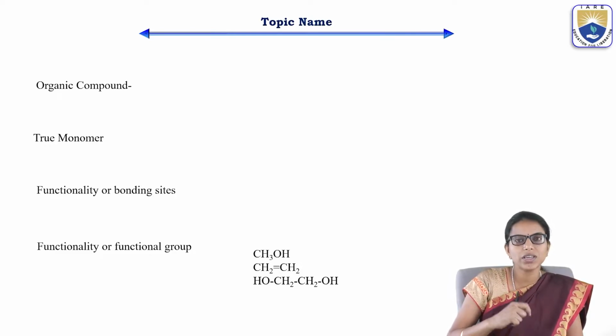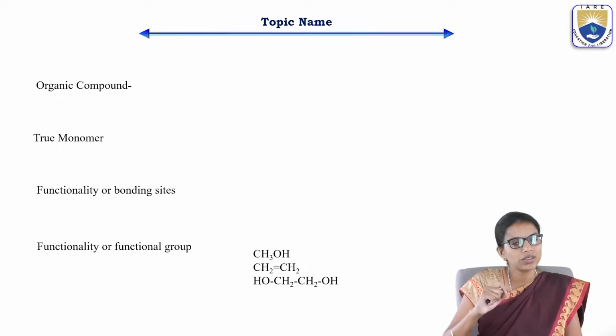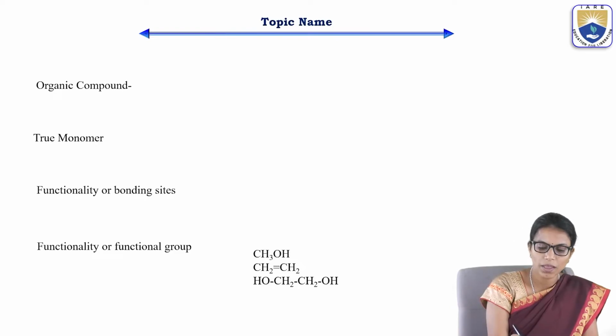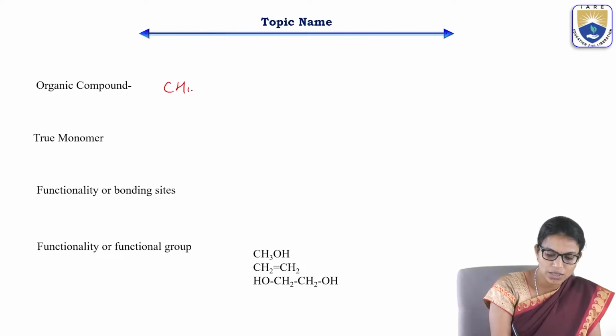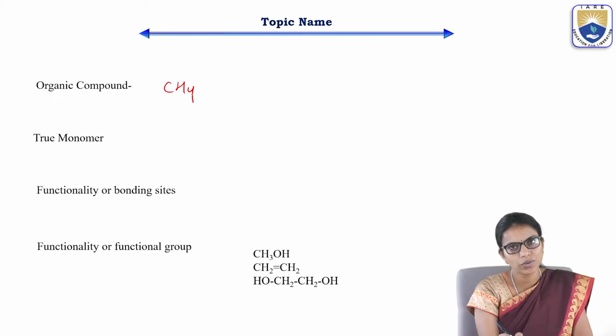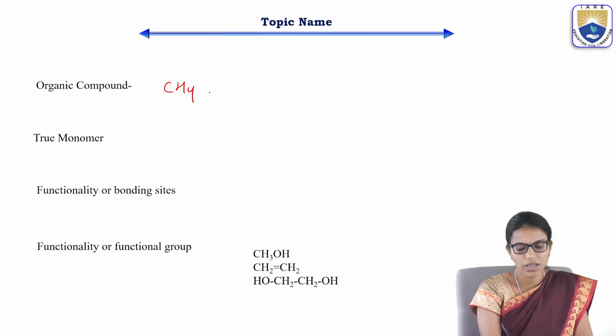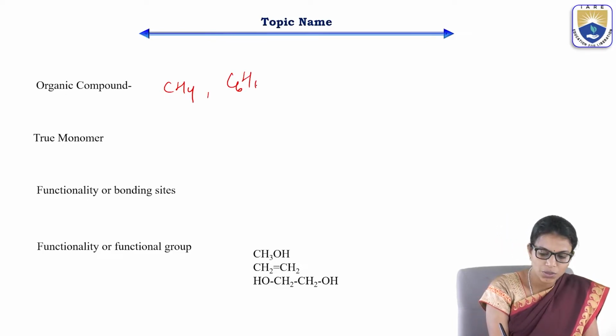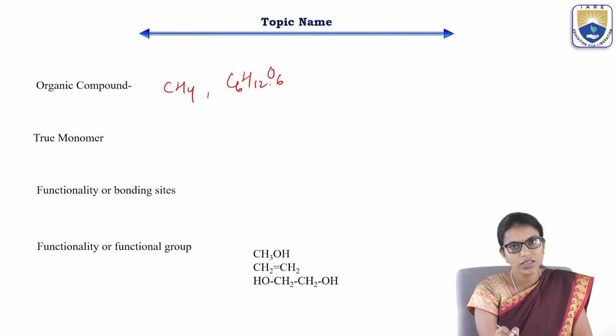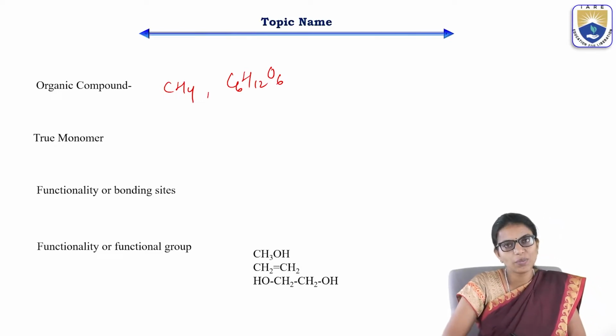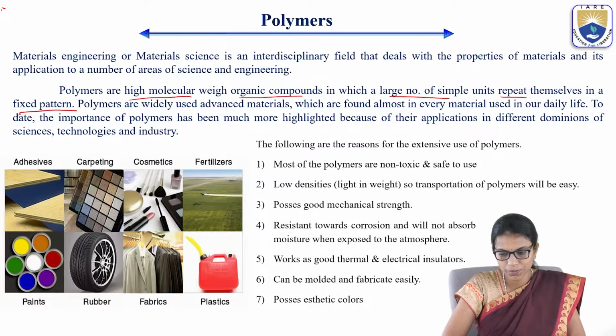Organic compounds contain carbon, hydrogen, and nitrogen or oxygen. For example, CH4, a simple organic molecule, is methane, and C6H12O6 is glucose. These are all examples of organic compounds.